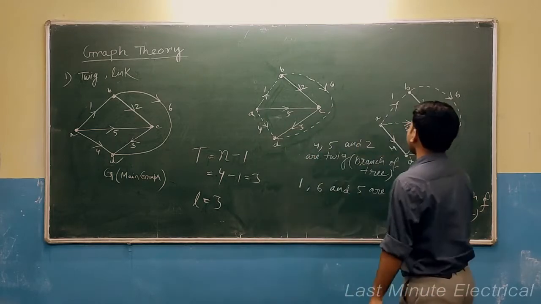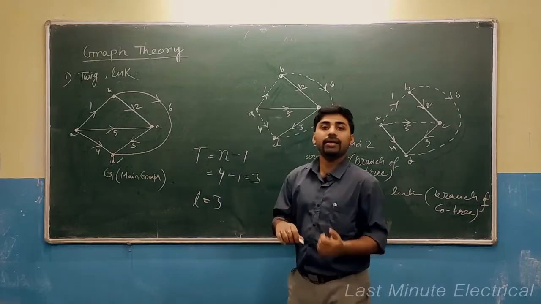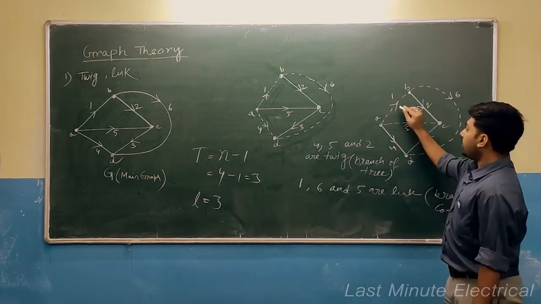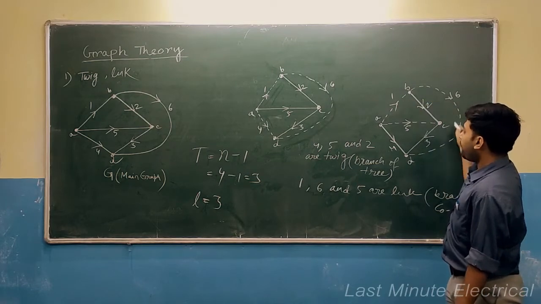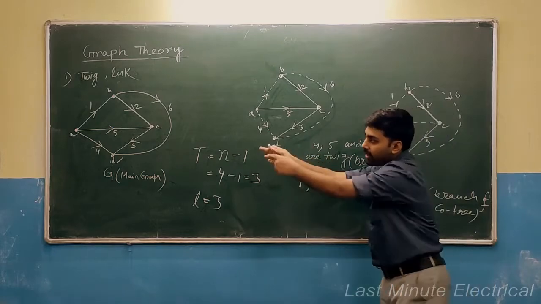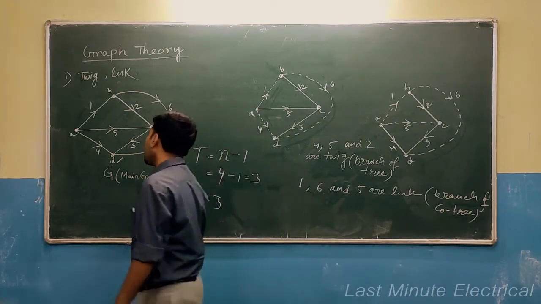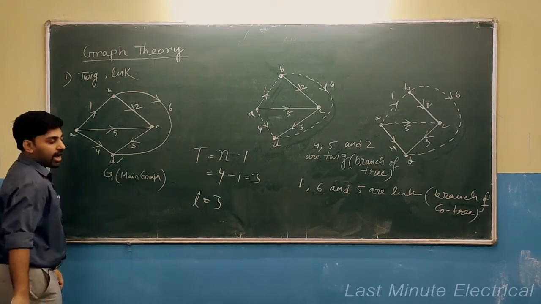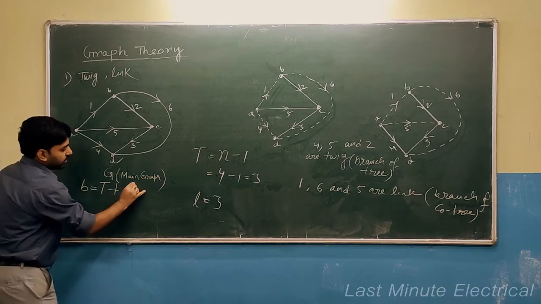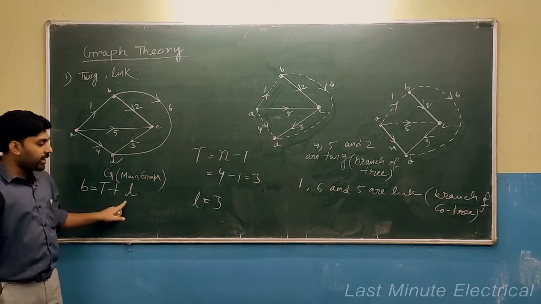Now, the total number of branches present in the given graph is the summation of links and twigs. If you add the total number of links and the total number of twigs, you will get the total number of branches in the given graph. So the total number of branches in the given graph B is equal to twigs plus links.